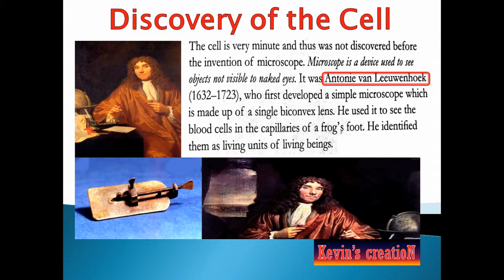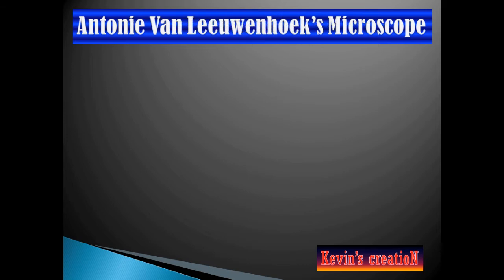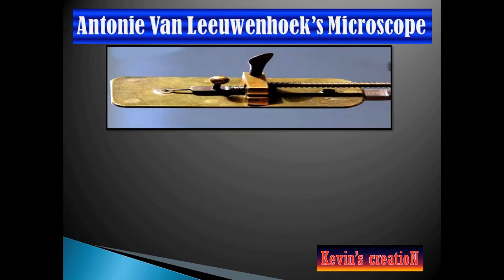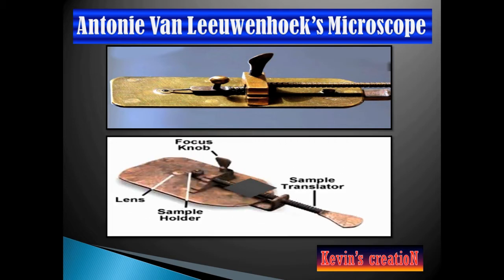Though he was involved in all this, he did not give the term cell. Now let us see his microscope, and this is the original microscope which he invented. Very, very simple. It doesn't even look like a microscope.